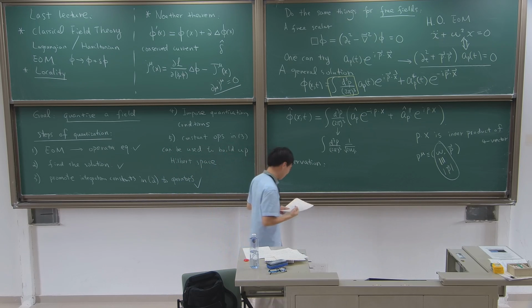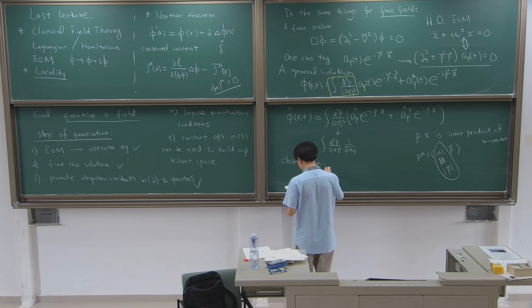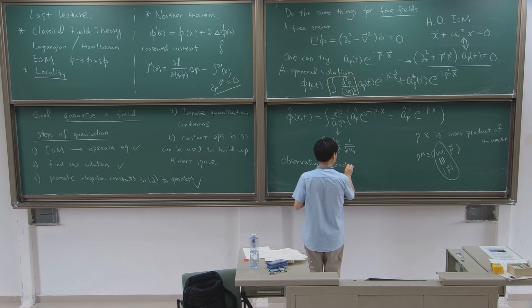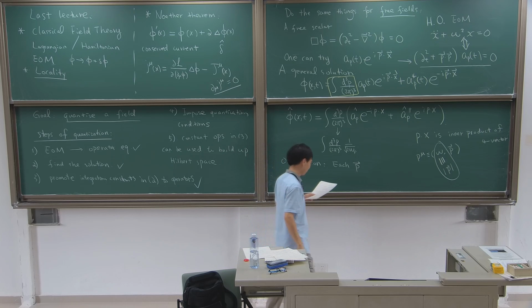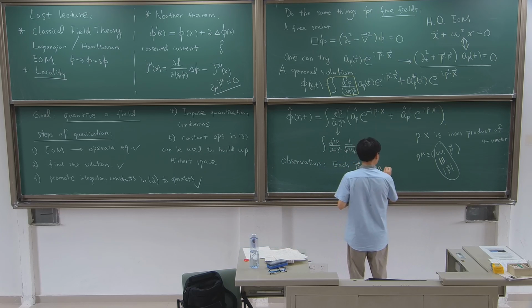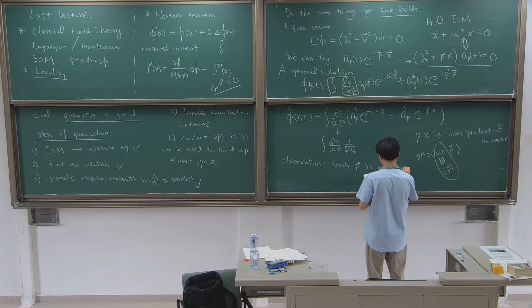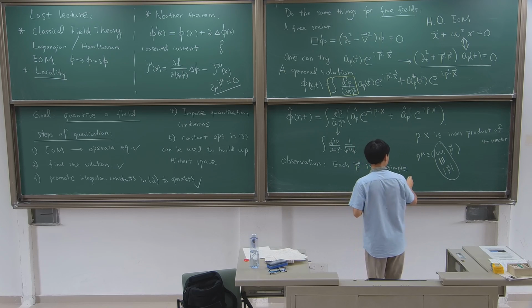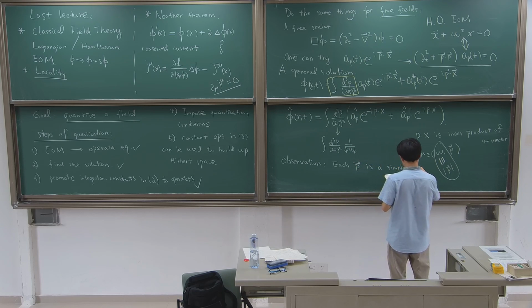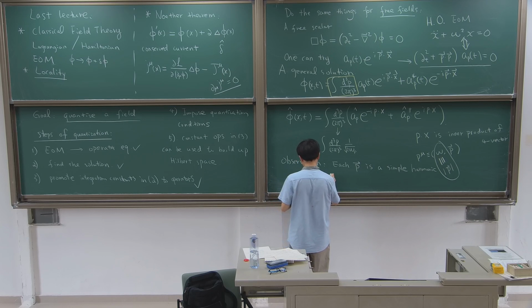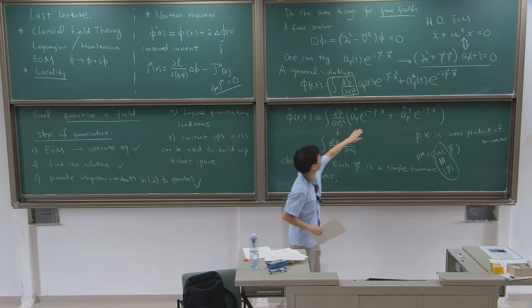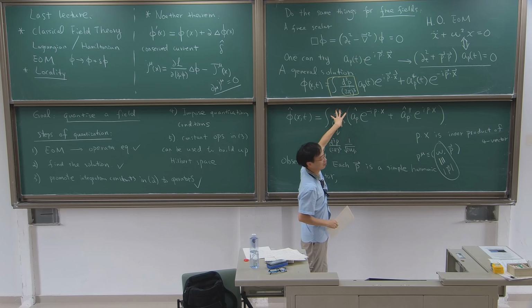Do observation. So the observation here is each p vector is a simple harmonic oscillator. We already saw here, right? As said, for each p, forget about this one.